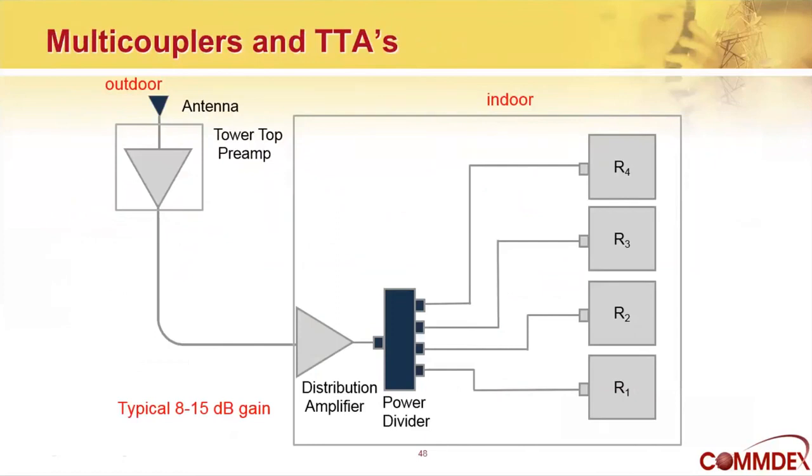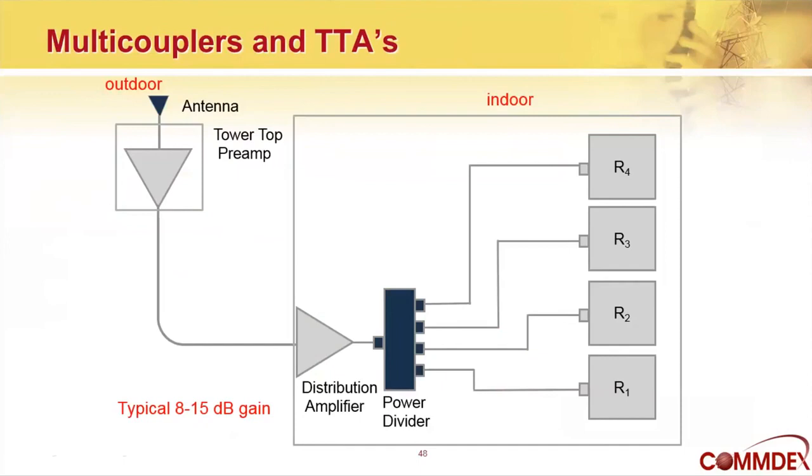So here's what the schematic of what they look like. On the outdoor piece, close to the antenna, up on the tower, you probably won't notice it if you're not looking for it. There's an active amplifier up there. It goes down the transmission line and goes to a distribution amplifier.